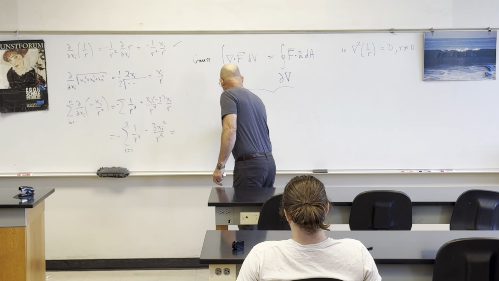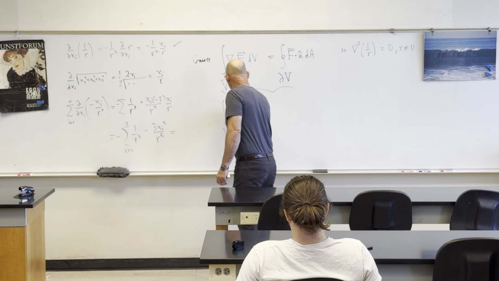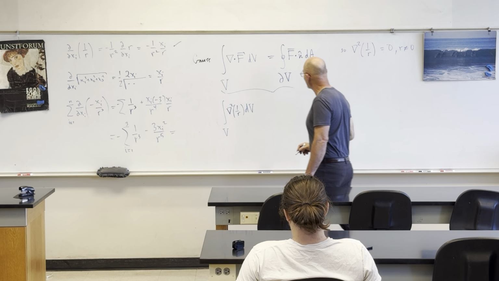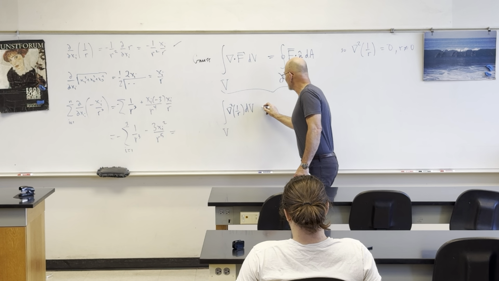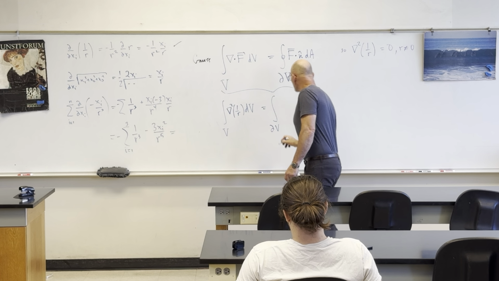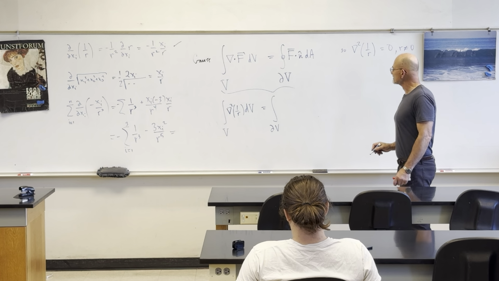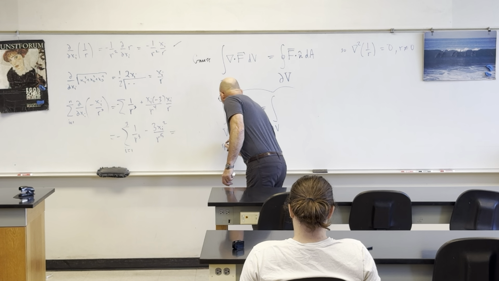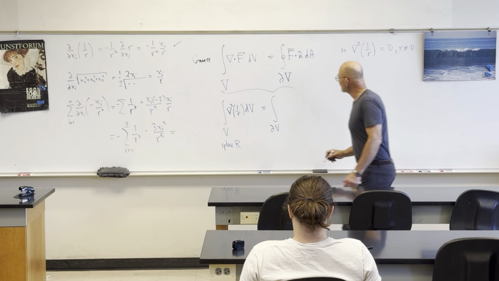Integral of v del squared 1 over r dV, the volume. What do we have here for the flux integral? Let's make this a sphere of radius r, just to be concrete.